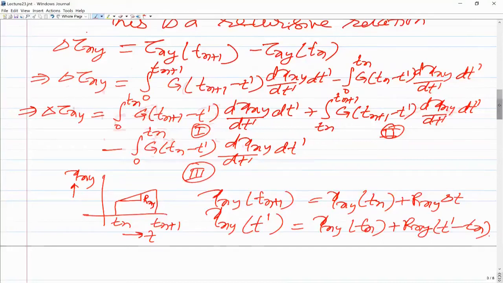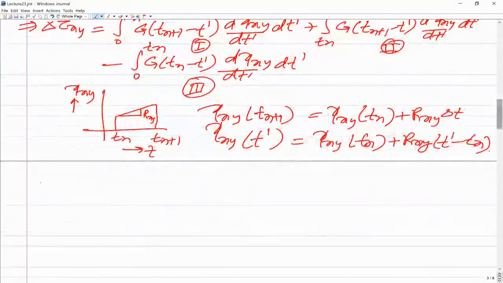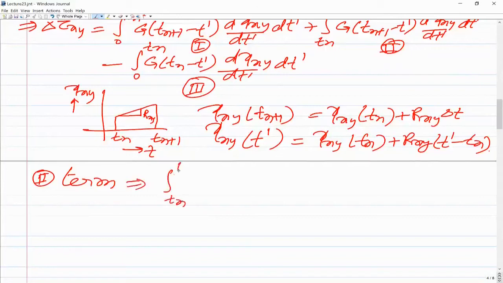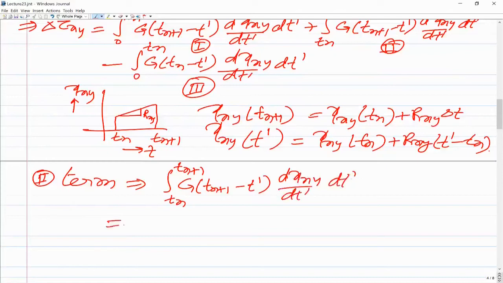Now let us first talk of the second term. The second term we can write as the integration from Tn to Tn plus 1 of g of Tn plus 1 minus T dash into d gamma xy by dt dash into dt dash. This is your second term. Now let's put the value of g of Tn plus 1 minus T dash.